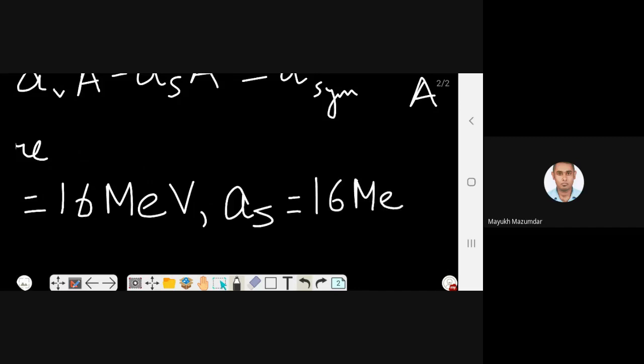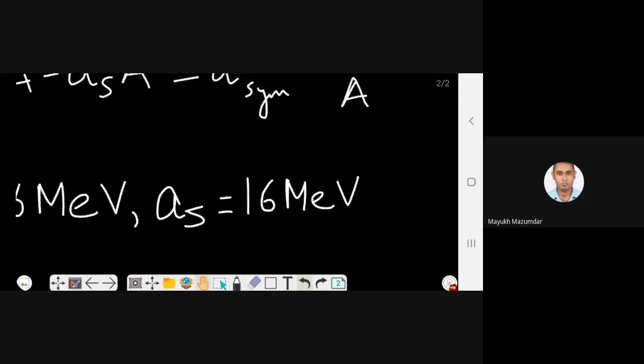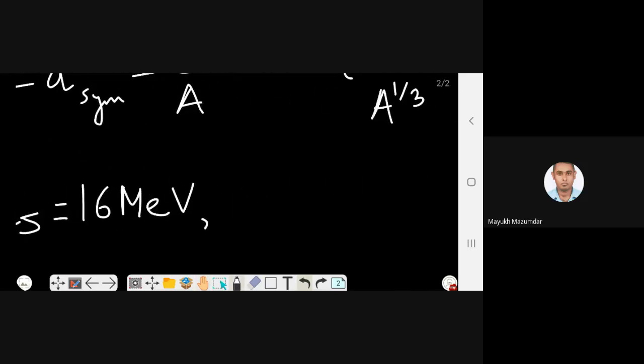These two values were close; we saw it in that slide also. The symmetry or asymmetry energy term, whatever you would like to call it, is 24 MeV.